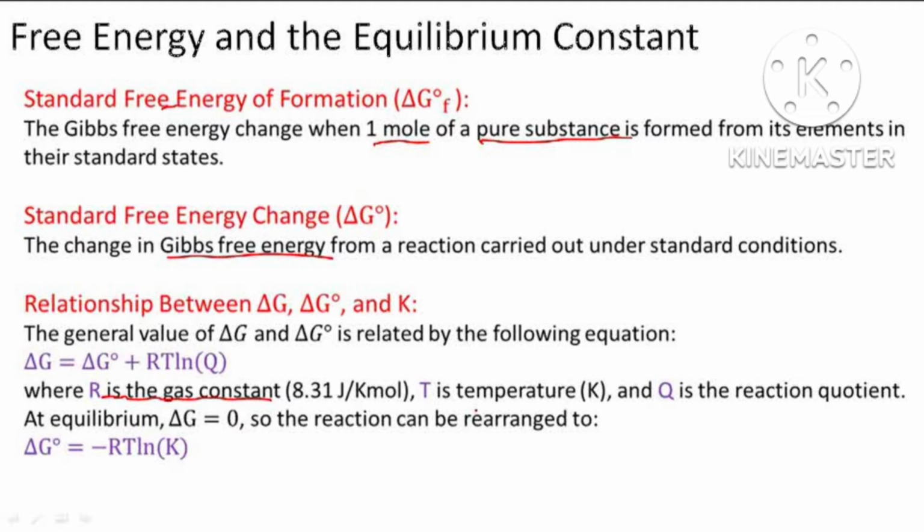What will be the standard delta G value? After transferring to the left side, standard delta G is equal to minus RT ln K. I have already sent this relation in the last video or before.